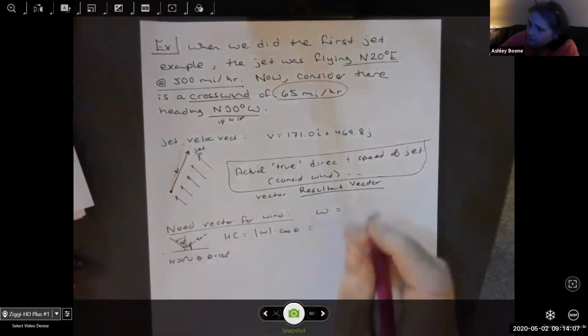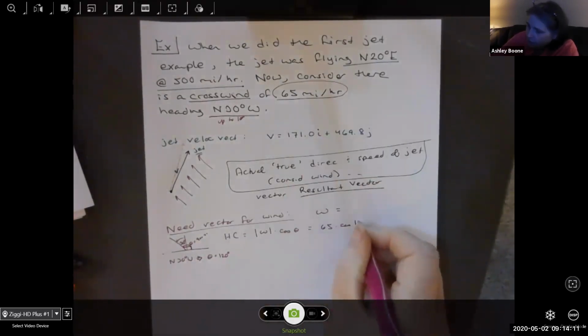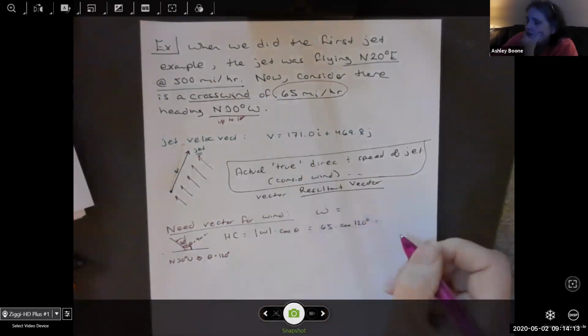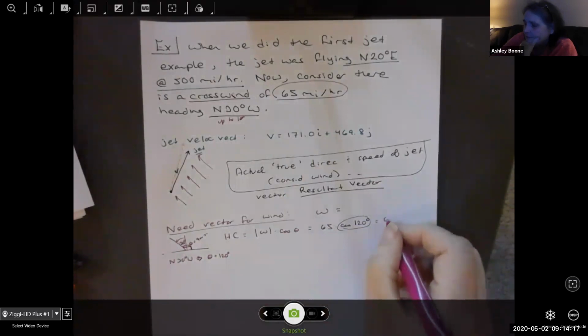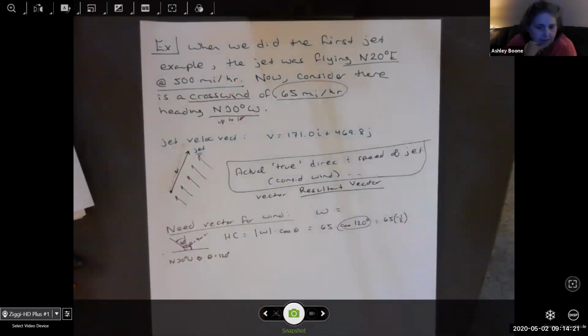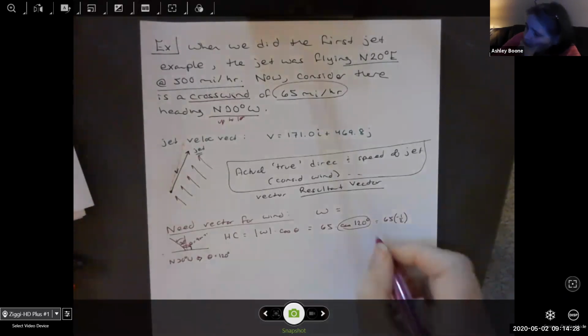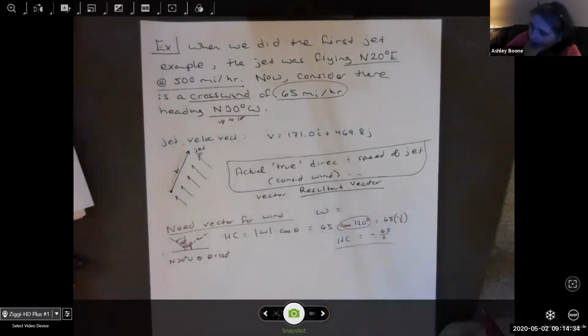So the horizontal component is 65 times the cosine of 120 degrees. Cosine of 120 degrees is -1/2. 65 times -1/2 gives us -65/2. So my horizontal component is -65/2.